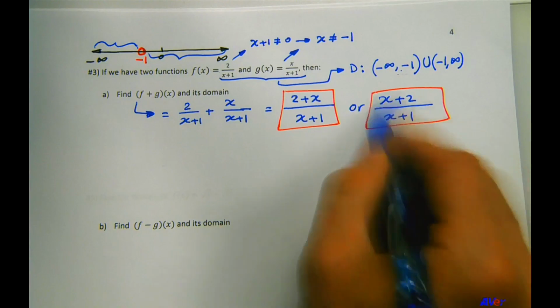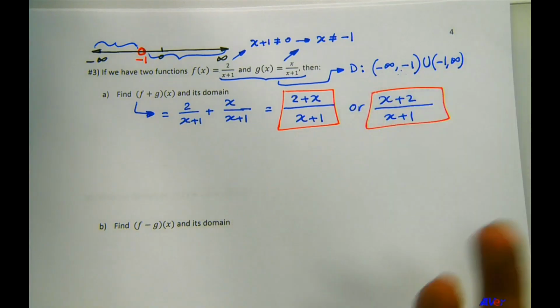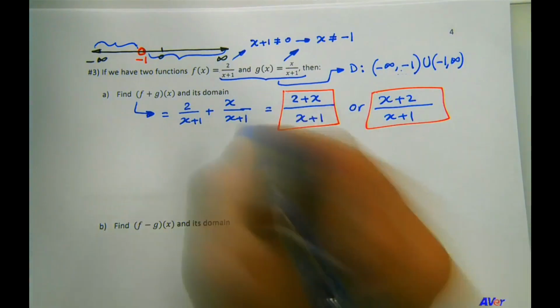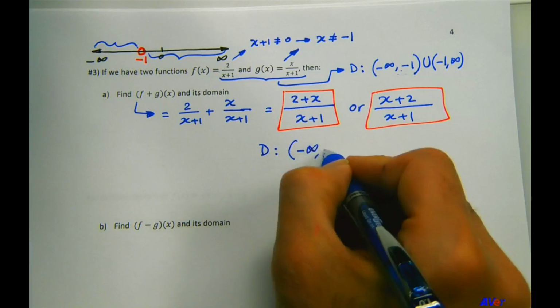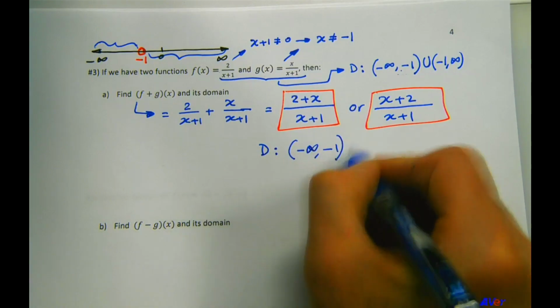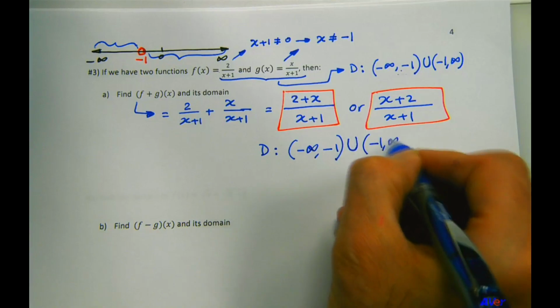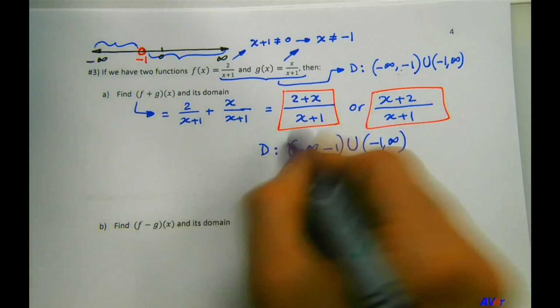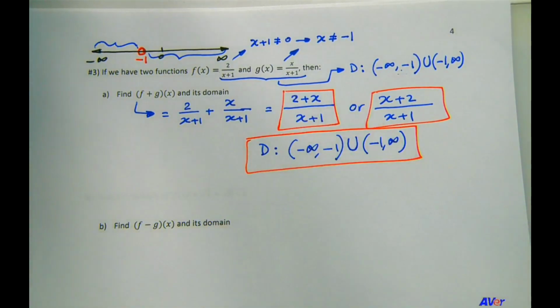So the domain of the combined function is the same as the domain of the parent functions in this case. So we can write that as domain is equal to (-infinity, -1) union (-1, infinity). So that is the domain of the combined function.